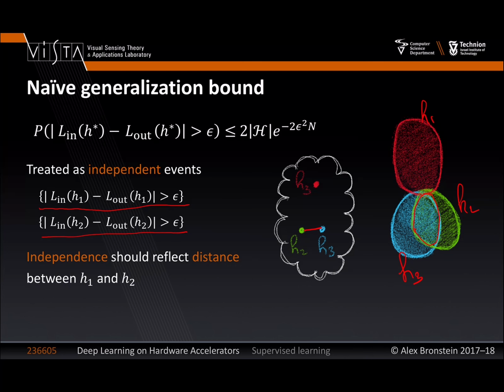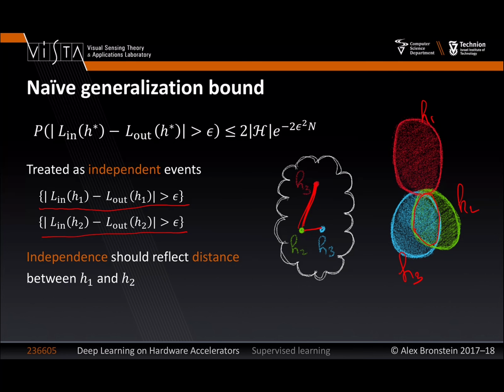So you shouldn't be discarding that overlap as in the naive bound that we developed. You somehow should be counting that high dependence in, and when you have a big distance between the hypotheses, well, the events should be more independent, right? So basically, you need more delicate analysis in order to obtain better generalization bounds, right?